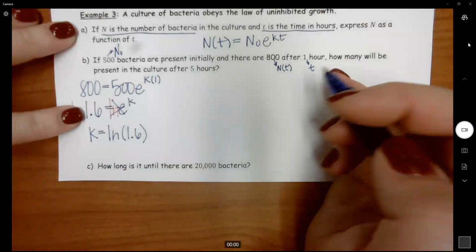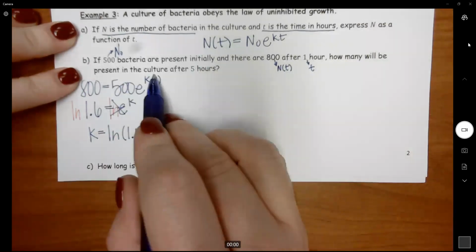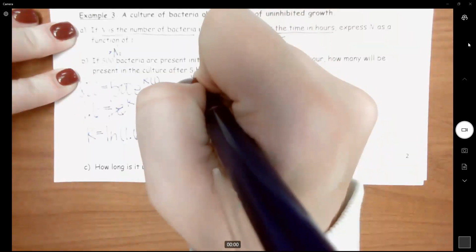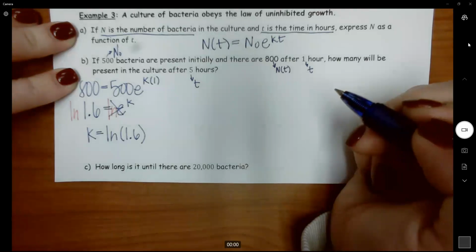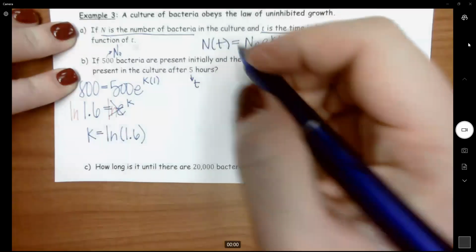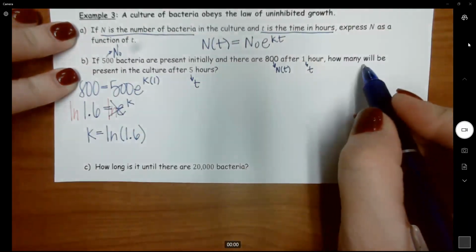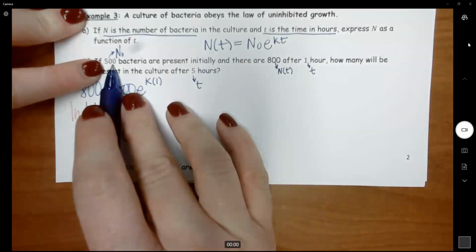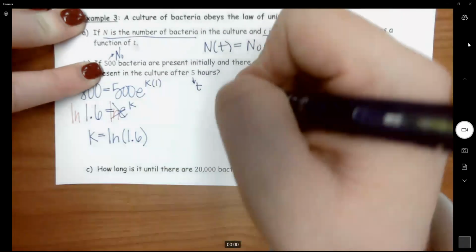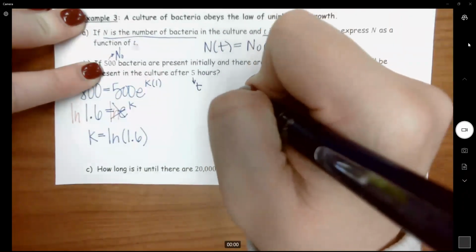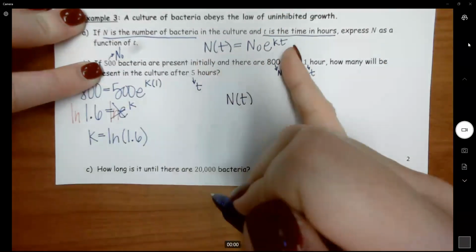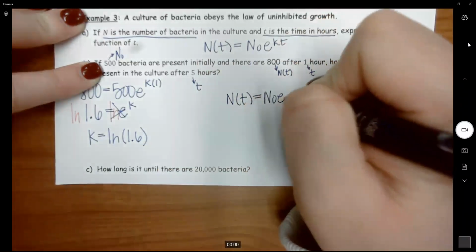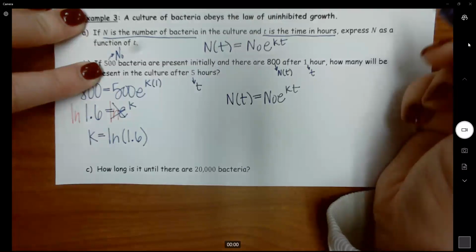So now I want to know how many will be present in the culture after 5 hours. So now this is my new T. I don't know how many is going to be present, so I am solving for N of T, and my initial amount's not changing. So I'm just going to rewrite this formula right here, so we can see everything that we're plugging into where.